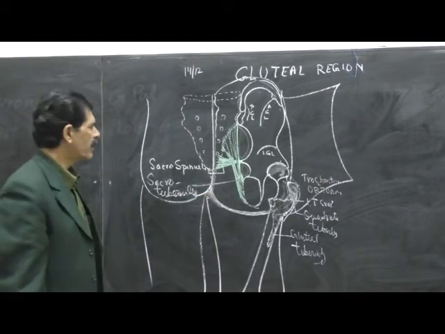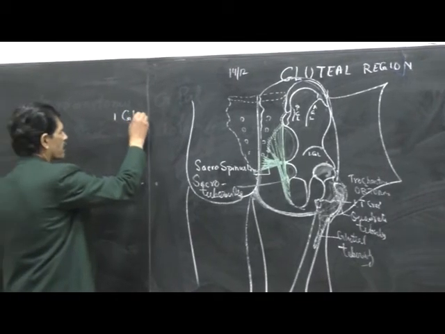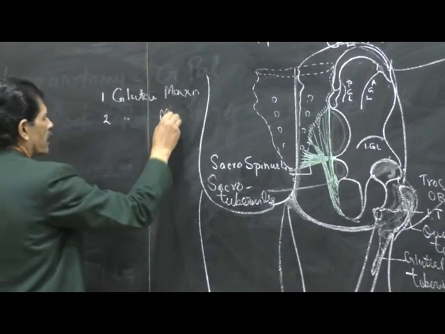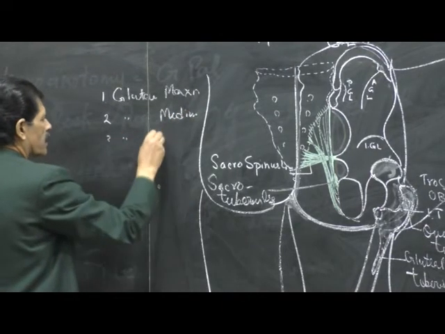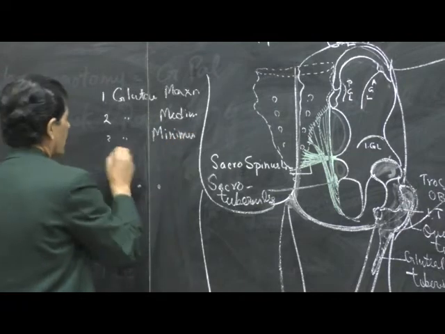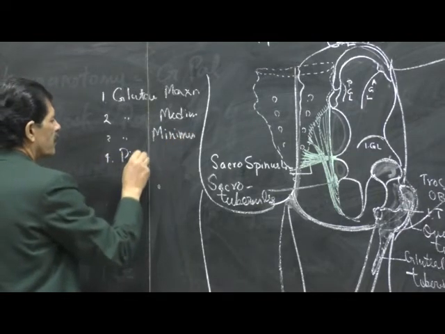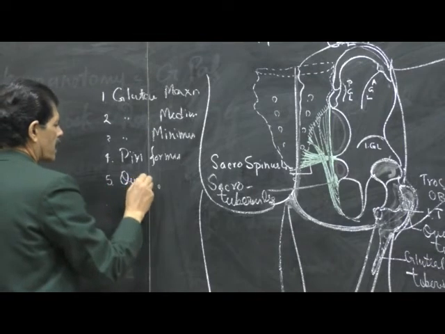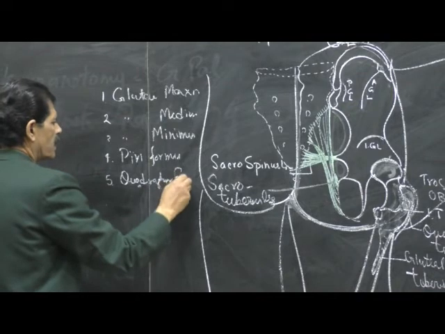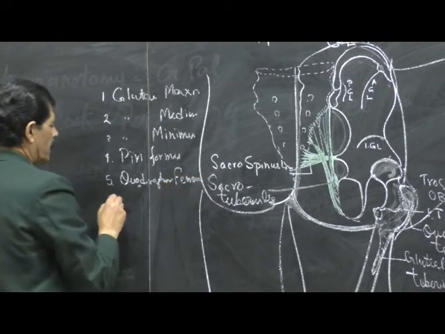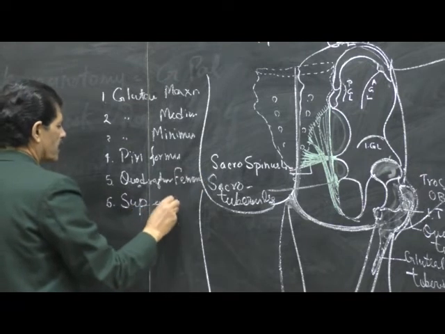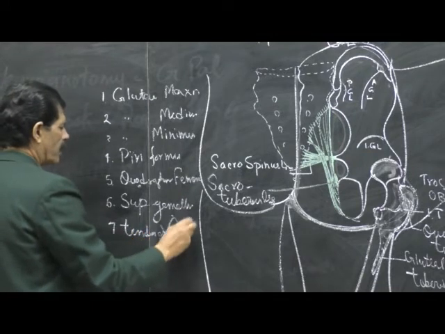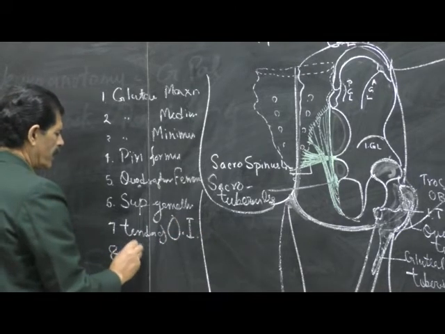So muscles in the gluteal region, number one is the gluteus maximus, the gluteus medius, gluteus minimus, and then there is a piriformis muscle, then there is a quadratus femoris muscle, then there are superior gemellus, and there is a tendon of obturator internus muscle we encounter here, and then inferior gemellus.